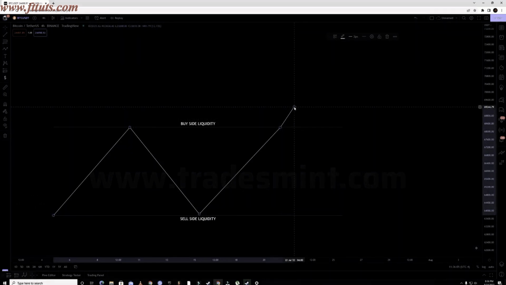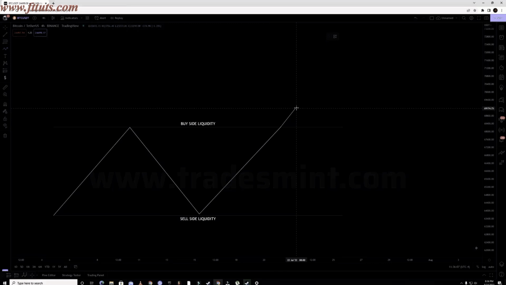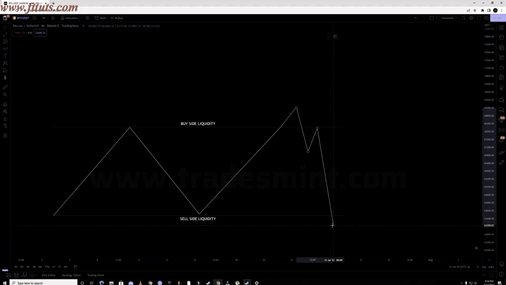Price fakes out like this, all right, and then goes down, fakes out the support level, and then it might either go up or down depending on the daily bias. All right, so I'll assume that it just goes down.